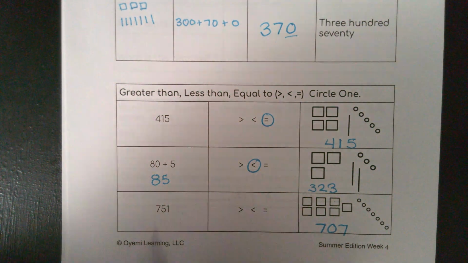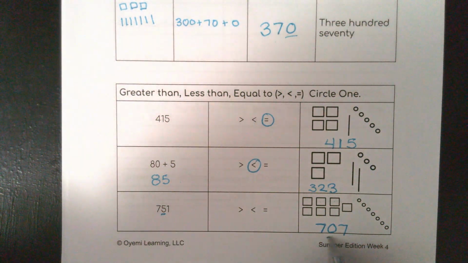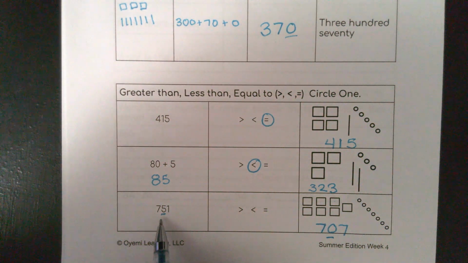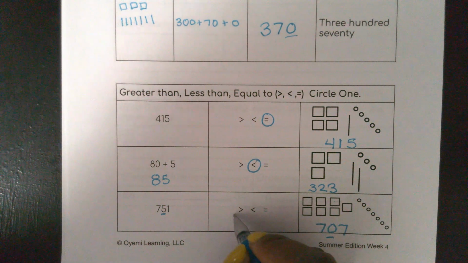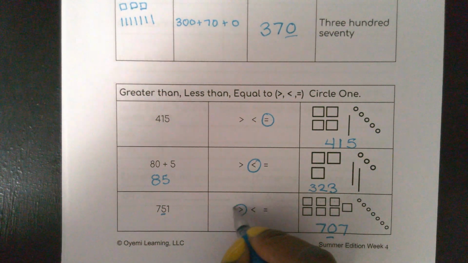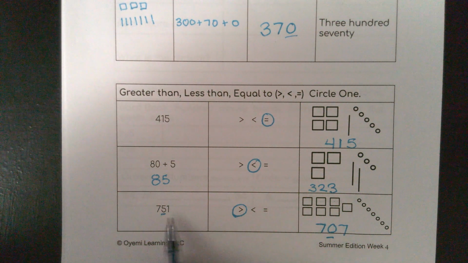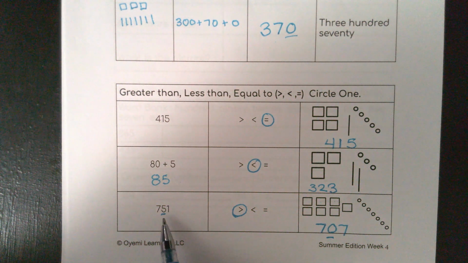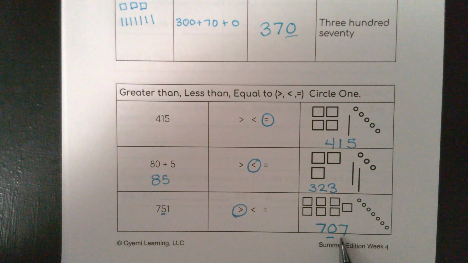Well, here I see that I have 5 tens, and here I see that I have 0 tens. And I know that 5 is greater than 0. So now I'm going to choose this symbol because it opens up to the bigger number. So the way I would read this is 751 is greater than 707.